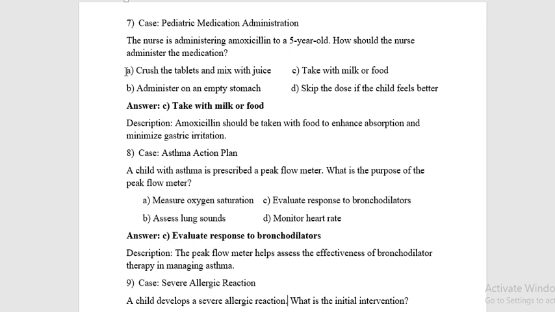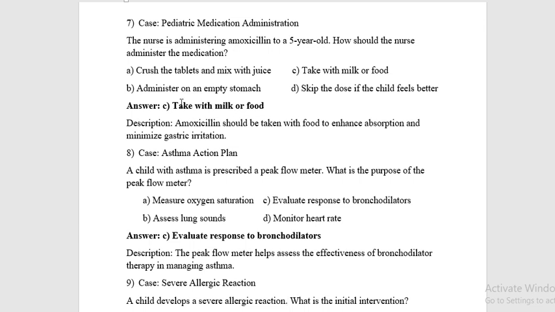Choice A, crush the tablets and mix with juice. Choice B, administer on an empty stomach. Choice C, take with milk or food. Choice D, skip the dose if the child feels better.